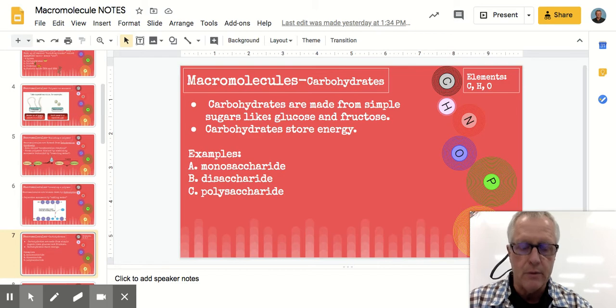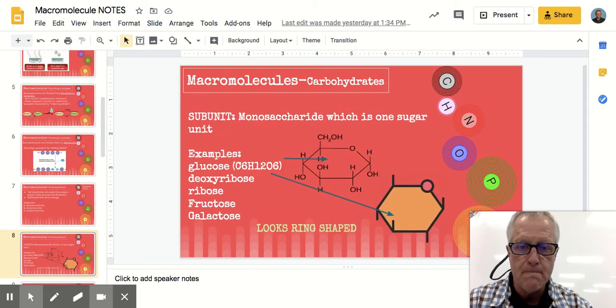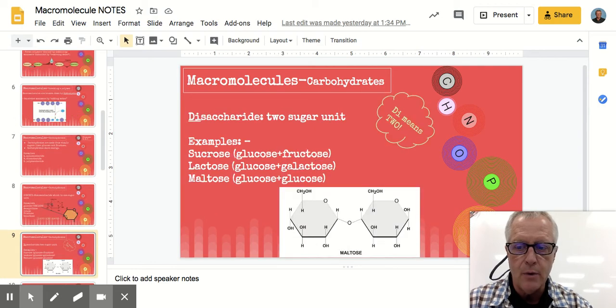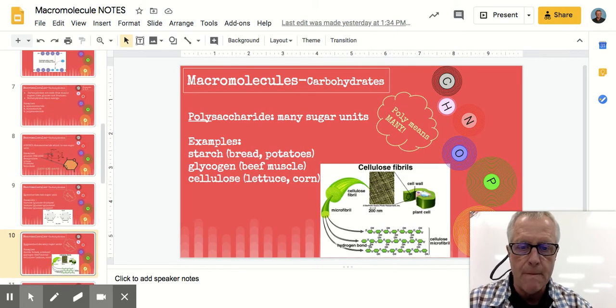And polysaccharide means that these sugar monomers have bonded together to form long polysaccharide types of sugars. As you go down through here, you can see the differences between these, and they're outlined here.